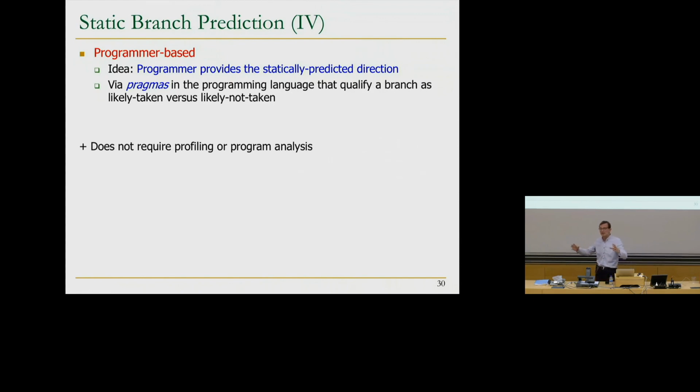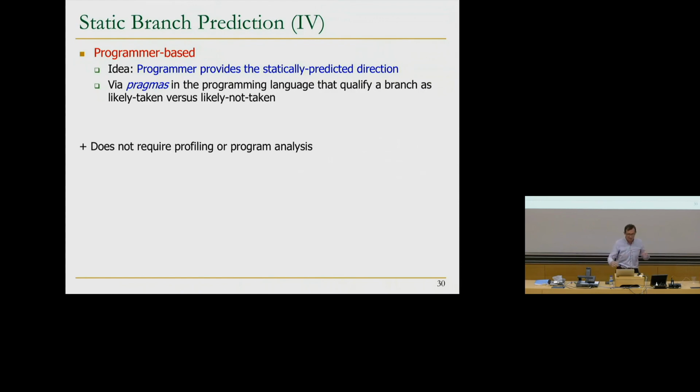Basically, you say if likely X. Likely is a pragma in C language, for example, that enables the programmer to tell the compiler, I think this branch is going to be likely taken. And that gets communicated to the compiler, and the compiler sets the hint bit based on this information saying, oh, the programmer thinks this branch is likely taken, so I'm going to set the hint bit as 1, and the hardware can use that information.